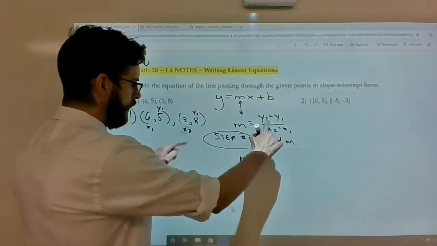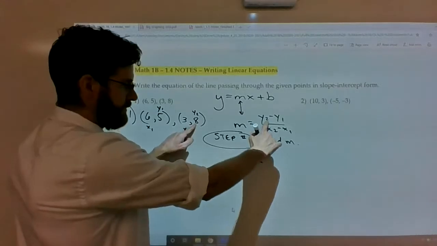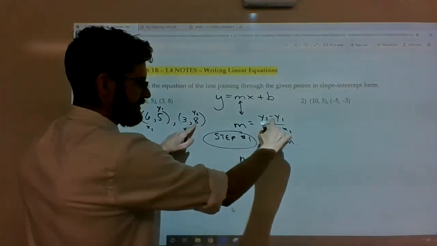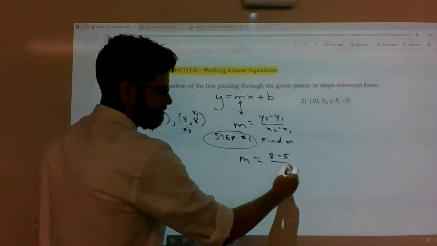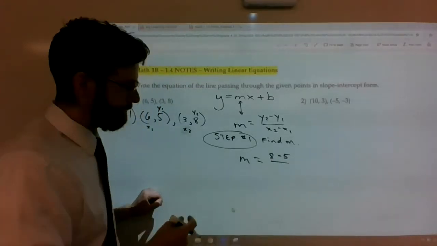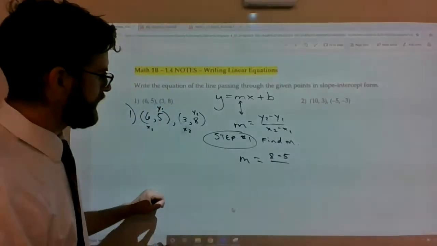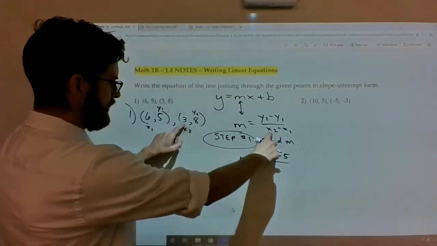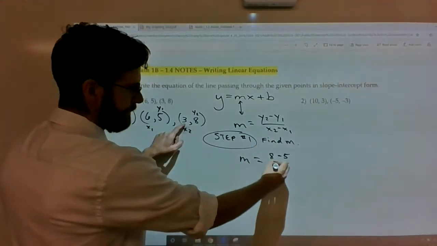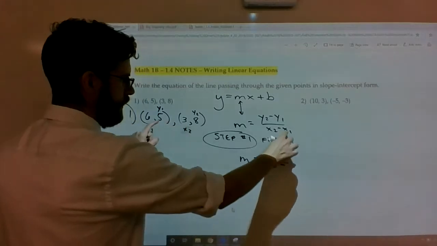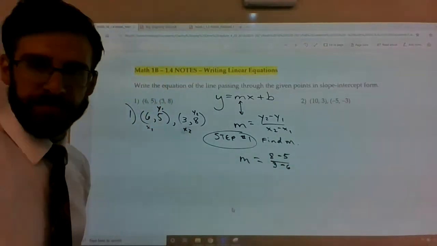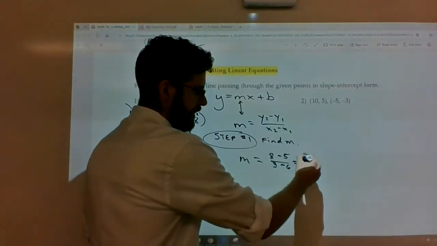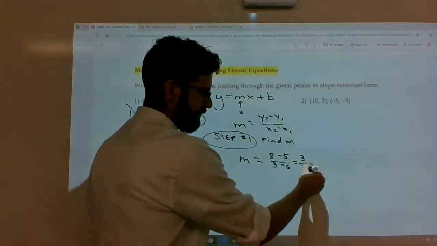M is equal to y2, which is 8, minus y1, which is 5. So that's the numerator of the fraction, the top. On the bottom, you've got x2, so you're going to plug in 3 into that fraction, minus x1, which is 6. Simplify the top and bottom, you get 3 over negative 3.